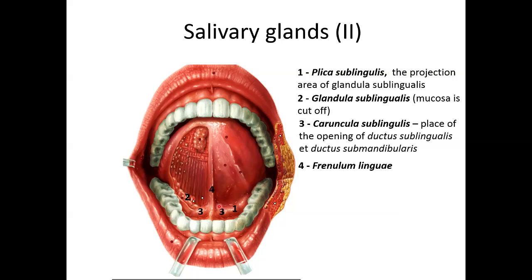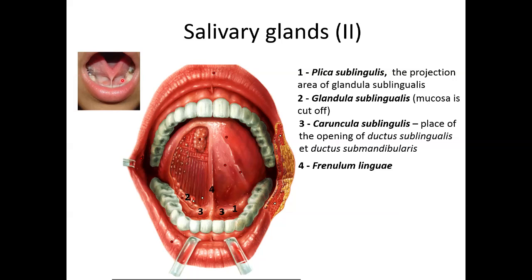Sometimes from birth, some individuals have a very short frenulum linguae, like here. And such individuals couldn't move the tongue outside of the mouth, and pronunciation of some words is difficult for such individuals.